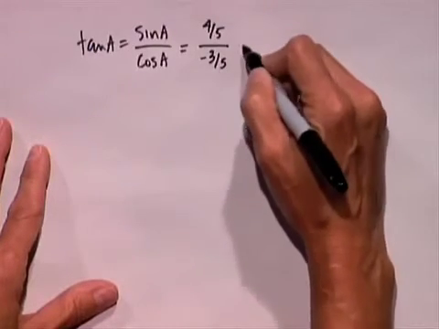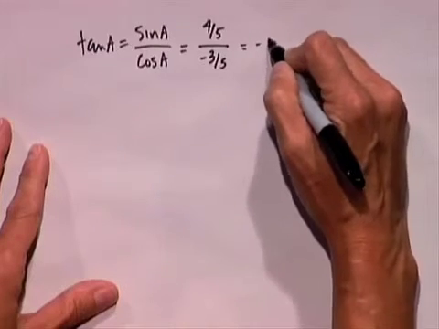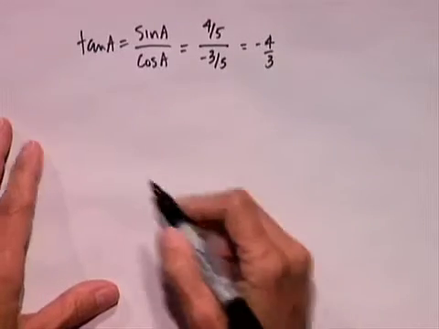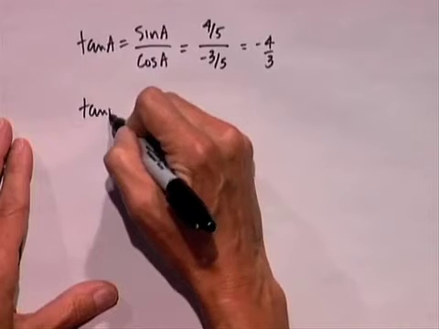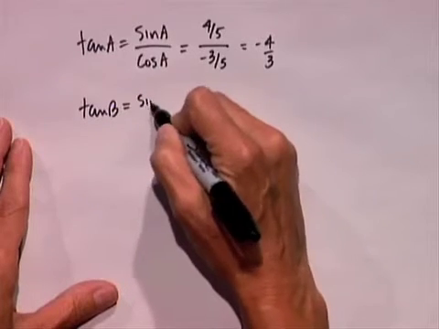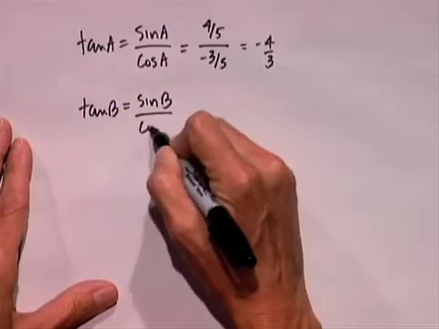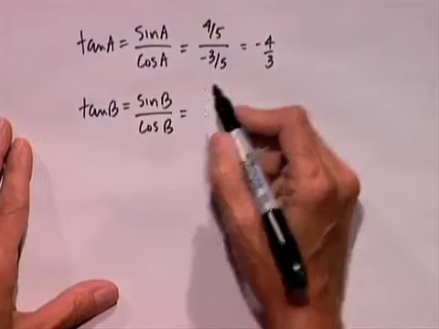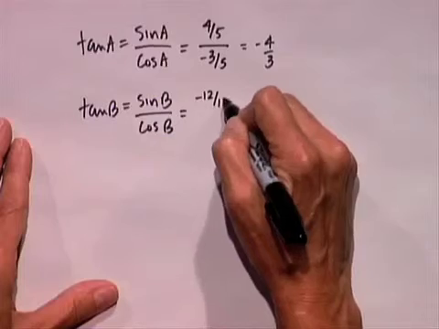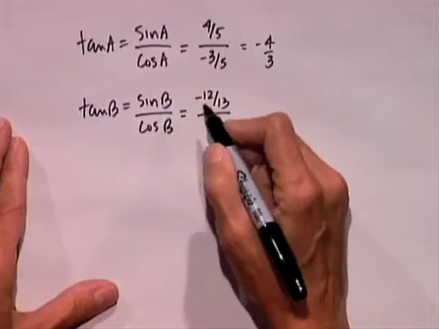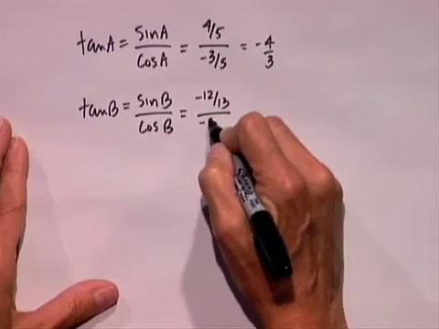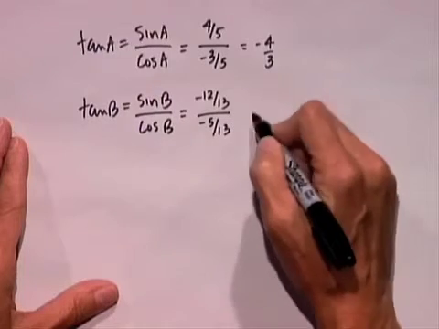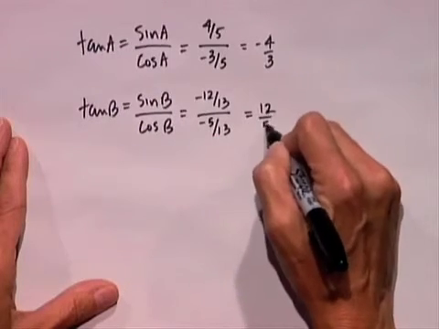And if I multiply by the reciprocal, I end up with negative 4/3 for tangent A. Tangent B is sine of B over cosine of B. The sine of B is negative 12/13. The cosine of B was negative 5/13. And if I multiply by the reciprocal, I end up with 12/5.